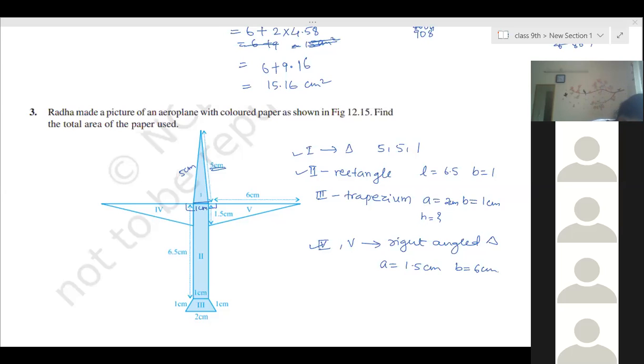That is 1 by 2. 1 by 2 into 1 by 2 into 11 by 2 minus 1, that is 9 by 2. I got root 99 by 16, that is 3 by 4 root 11. 3 by 4 into root 11.